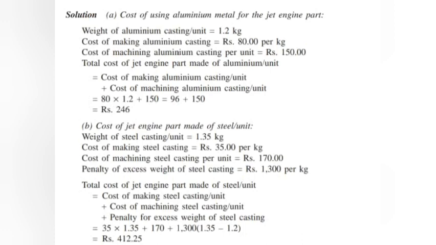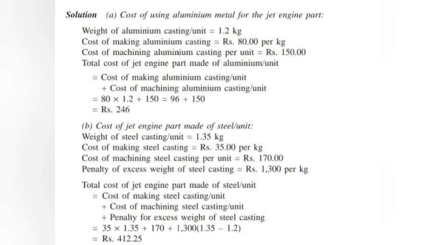Keep in mind that they have asked in terms of unit. In the given data, the aluminum can be cast for 80 rupees per kg, and the aluminum casting will weigh 1.2 kg.